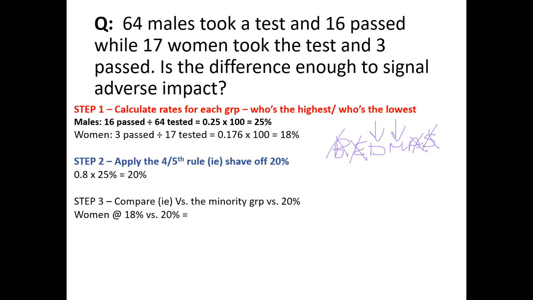We may have evidence of adverse impact because the women's pass rate came in at less than 20%, where 20% is now the new threshold that we already established. We then say, yes, there is evidence of adverse impact.